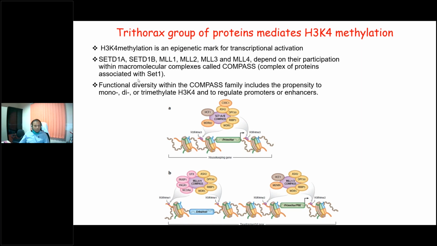Okay. So this H3K4 trimethylation is mediated through a complex called the COMPASS complex, which stands for complex of proteins associated with SET1. These are basically six different complexes: SETD1A, SETD1B, MLL1, 2, 3, 4.